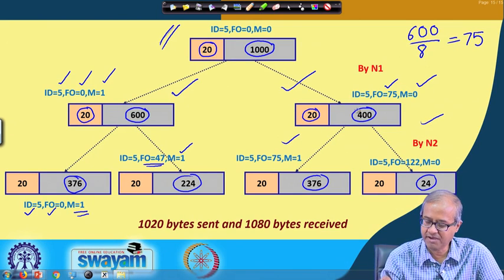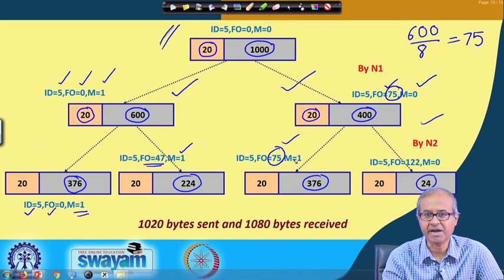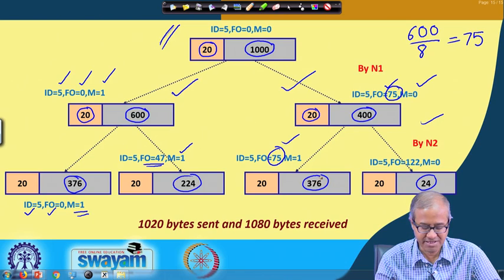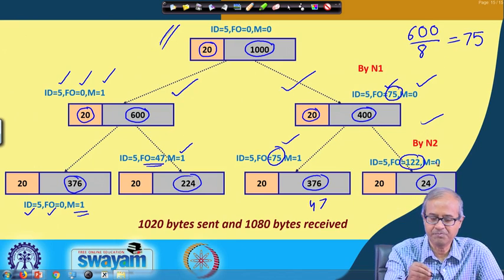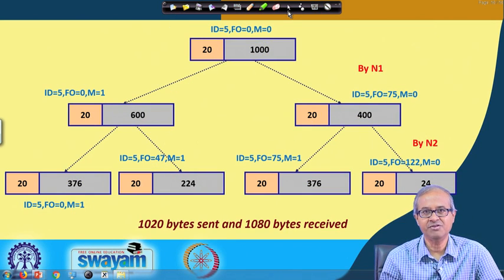The first one will have the same offset of 75, M equal to 1, and the last one will have, you see, 376 divided by 8 is 47, and 47 plus 75 is 122. It will have an offset of 122, and this is the last fragment. So, this is how the packets are generated when a packet is fragmented.